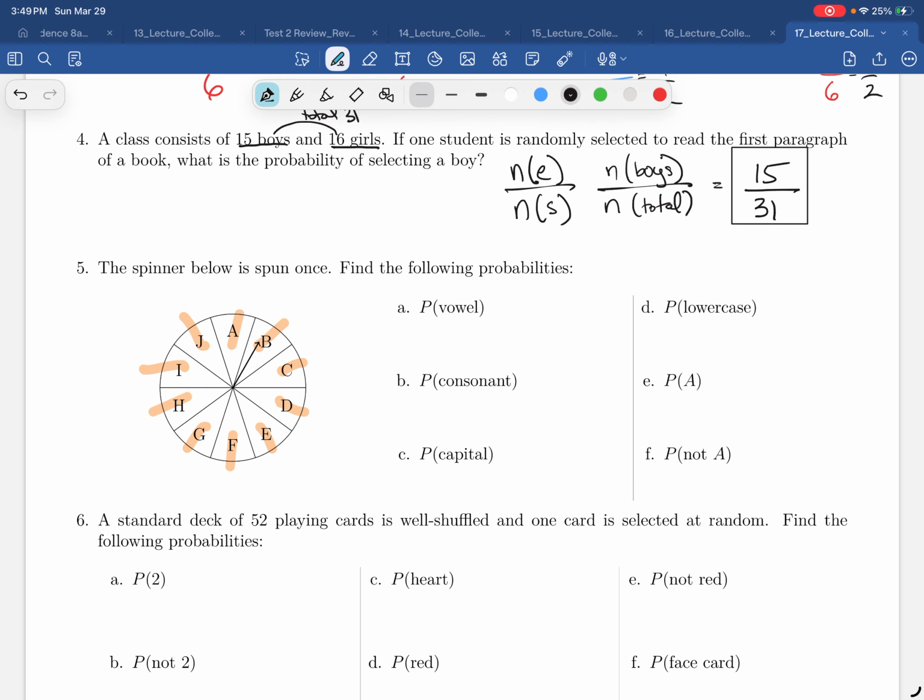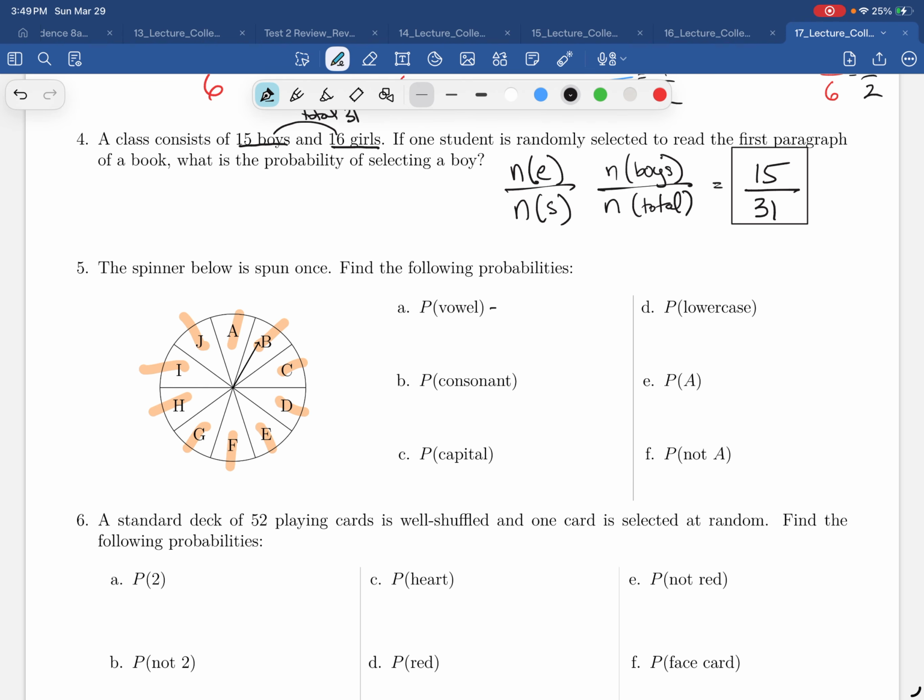That means that's going to be our bottom number for every one of these. So when we have choosing a vowel, it's going to be something over 10 because there's 10 possibilities. Next, let's identify how many are vowels. How many are in the event that we are looking for? Well, we have A, E, and I. That's easy enough. This would be 3 out of 10.